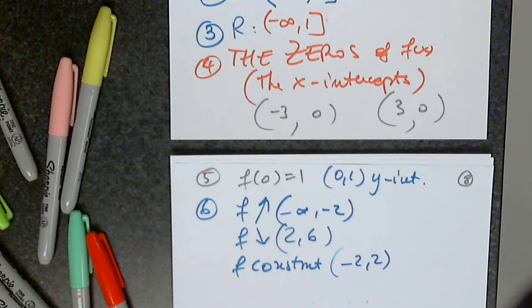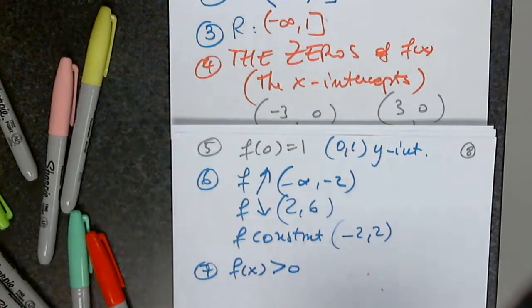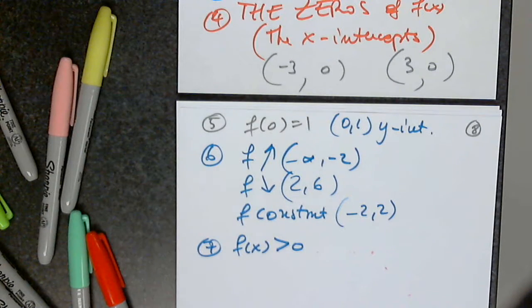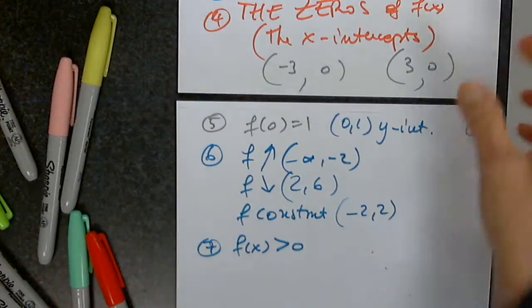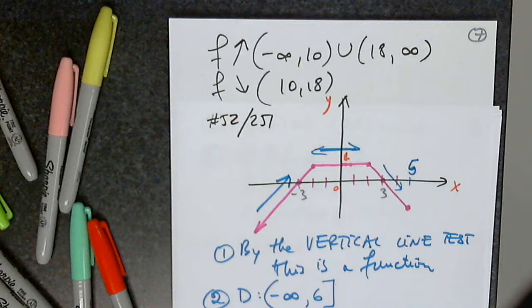Values of x for which f of x is greater than 0. F of x greater than 0. So for f of x greater than 0, we mean where is the function positive?